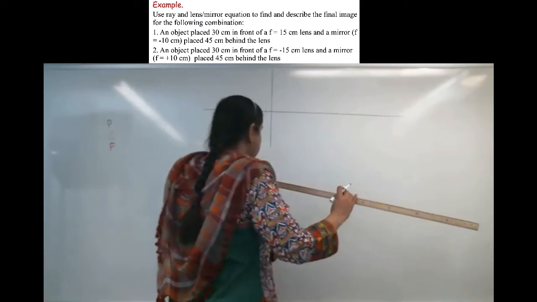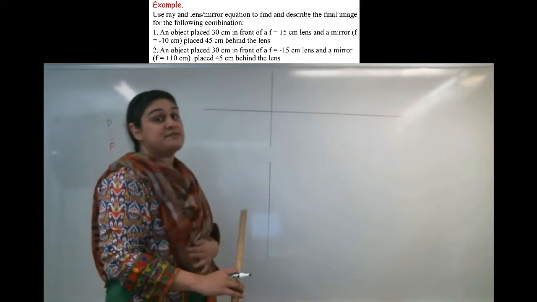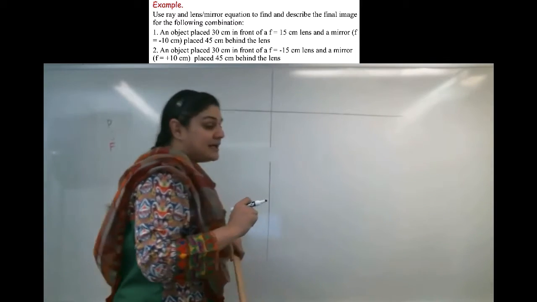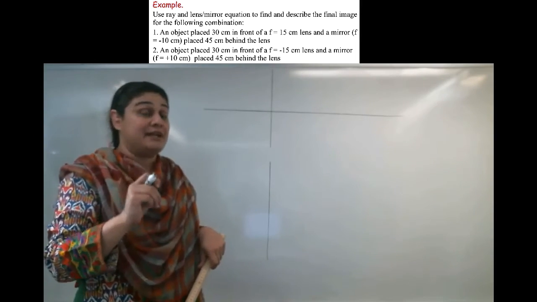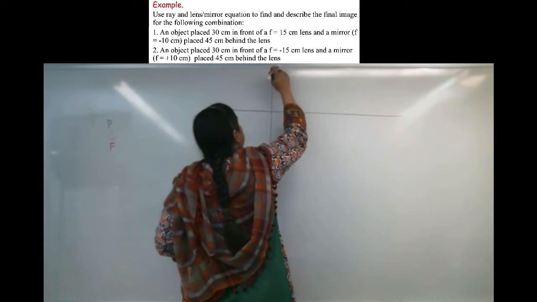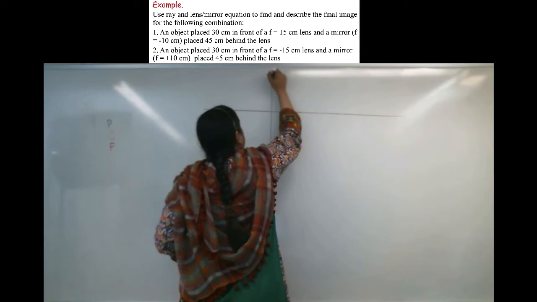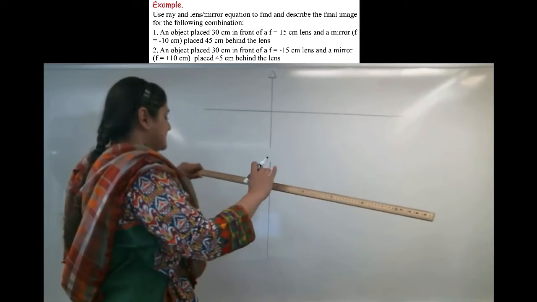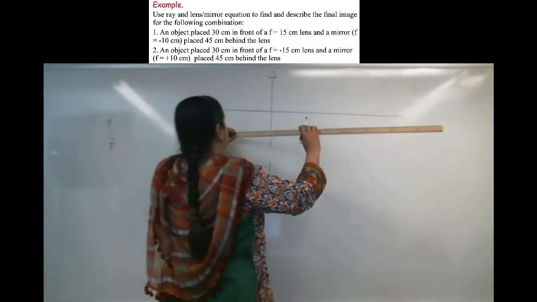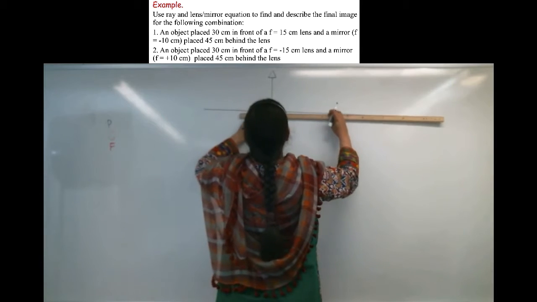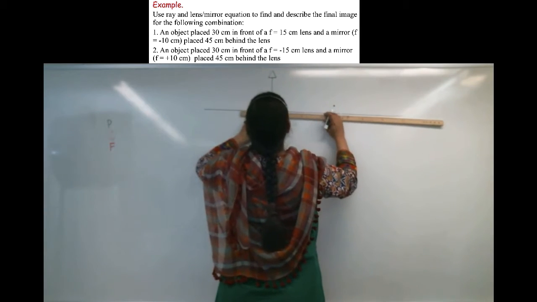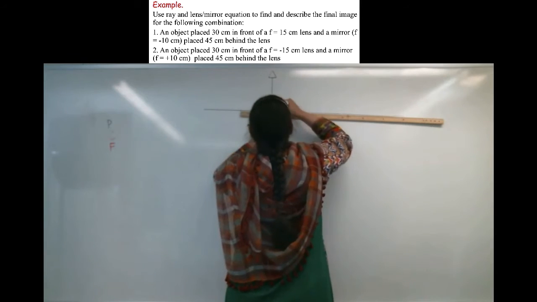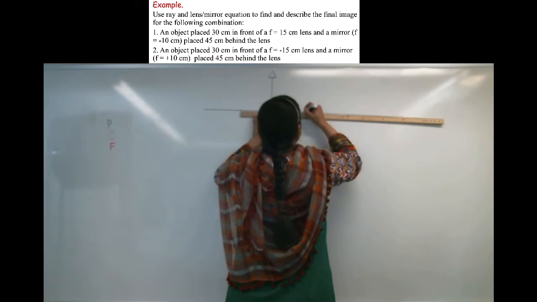Okay, and this lens, it says, is 15 centimeters. It is a positive lens, so my positive lens will be given by that symbol, right? And it has a focal length of, what did it say? 15 centimeters. So I'm going to use 15 centimeters as my focal length, and it's going to be 15 centimeters here.